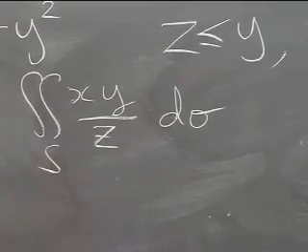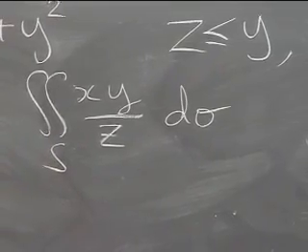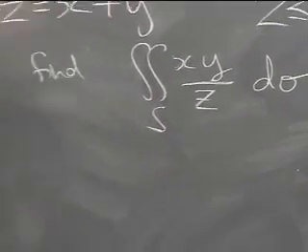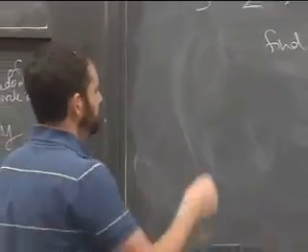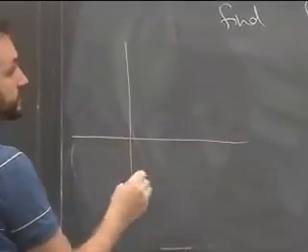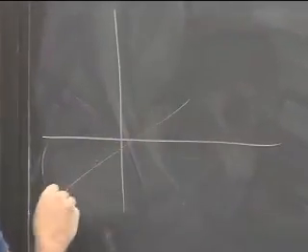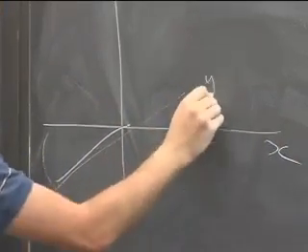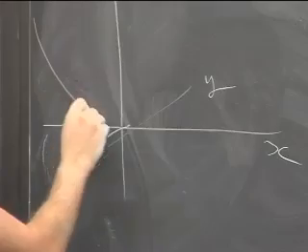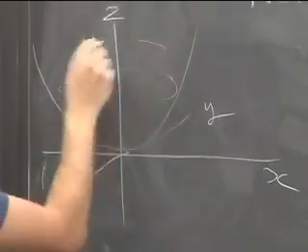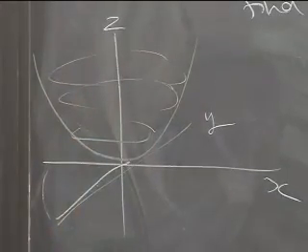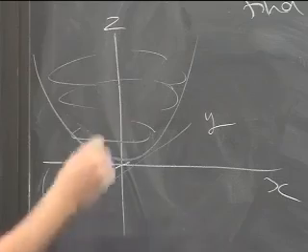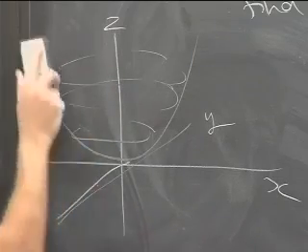Well, let's try to draw it. This is no longer a cone. It's not z squared. It's actually a paraboloid. So it looks like this. X, y, z. So it's a paraboloid. But we only need x greater than 0, so we'll chop off the left half.